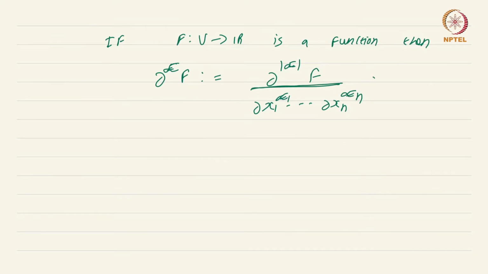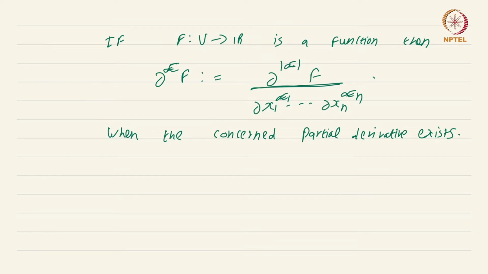Of course, when the concerned partial derivative exists, otherwise it makes no sense. Now, such a del alpha we say is actually a mod alpha order partial derivative operator.